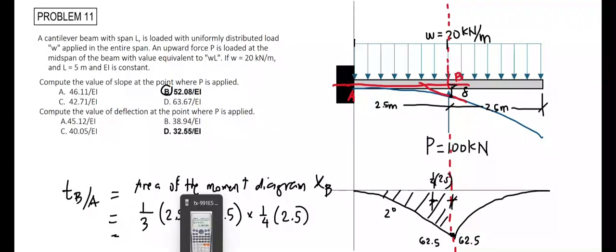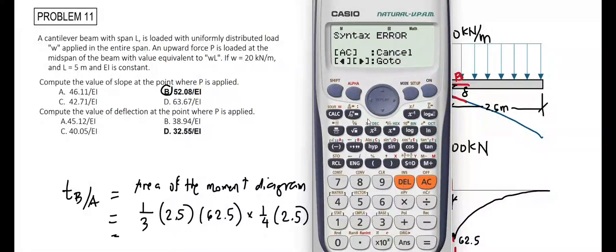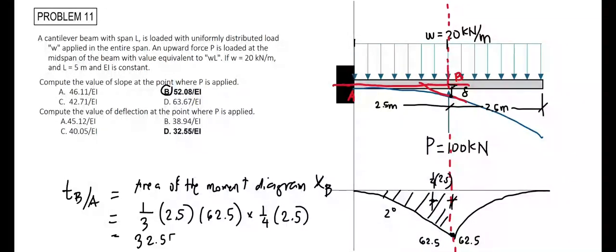And this is a value equal to 32.55, and we divide this by the flexural rigidity. And these are our final answers.